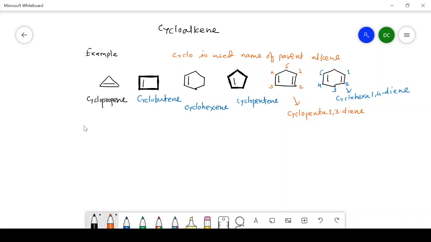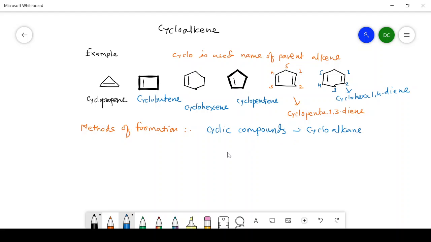Let's begin with the methods of formation of cycloalkenes. Generally, cycloalkenes are prepared from a cyclic compound, and this cyclic compound is nothing but a cycloalkane.